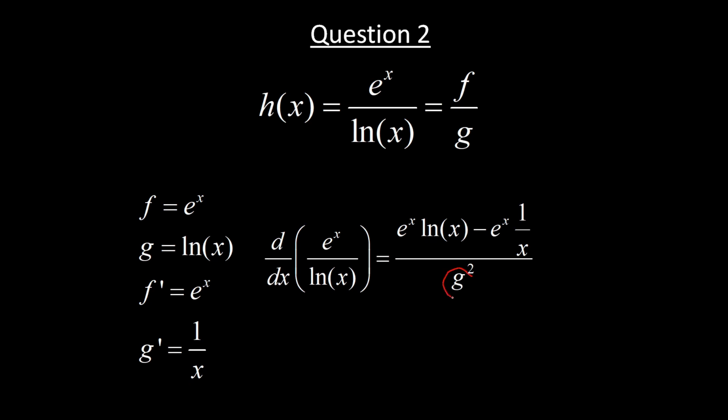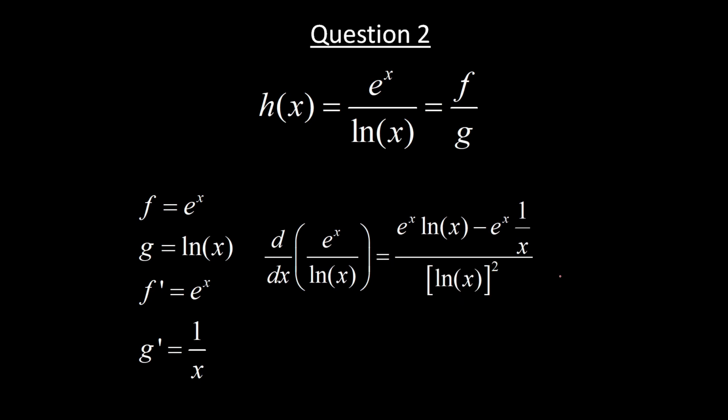And then finally, g in the denominator here is log x. We'll do our best to clean it up. There are no cancellations here. And all we have left then is a greatest common factor of e to the x. And that is our derivative.